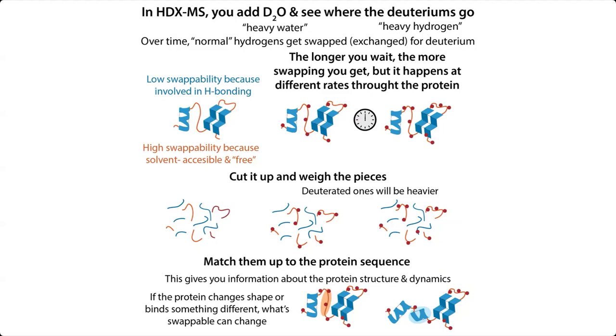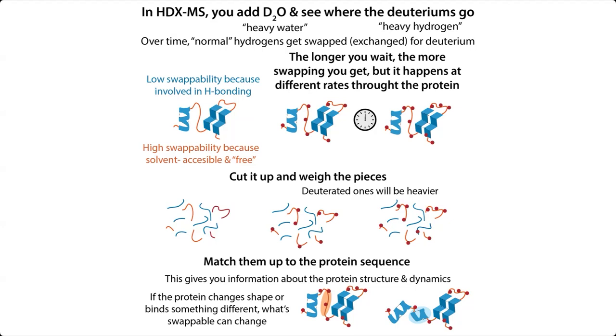And you can use a technique called mass spectrometry in order to detect the weight of the pieces, compare those to a database, and see which parts of the protein were heavier than others, which could indicate that those parts of the protein were solvent exposed, those parts of the protein that lacked a secondary structure, more in a minute, and things like this, whereas regions of the protein that remained light will be protected from exchange for some reason, such as maybe they're involved in secondary structure, they're binding to a binding partner, maybe they're tied up in the center of a protein, all these various things.